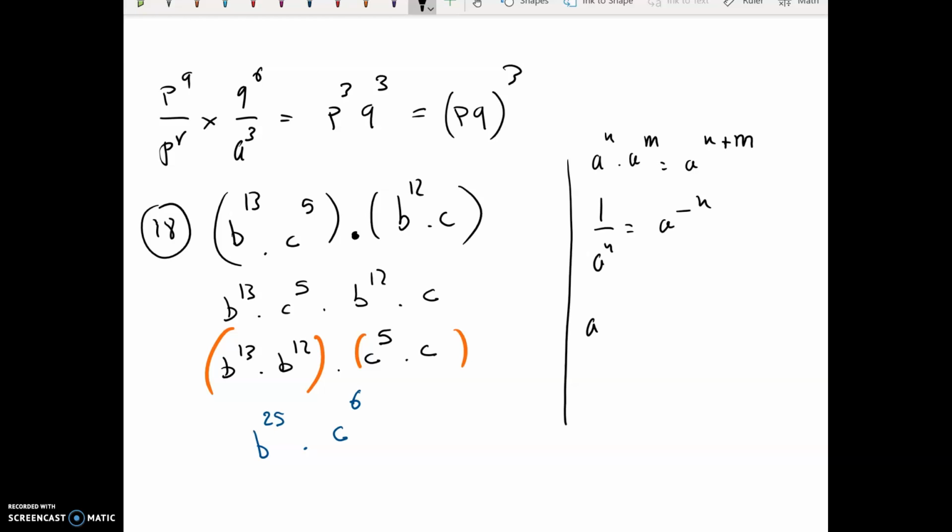You have a to the n to the m. It's going to be a to the n times m, when you raise a to the n to another exponent m. That's pretty much it.